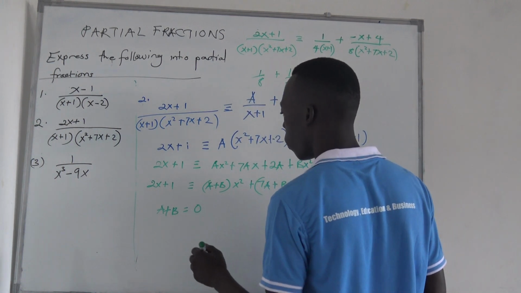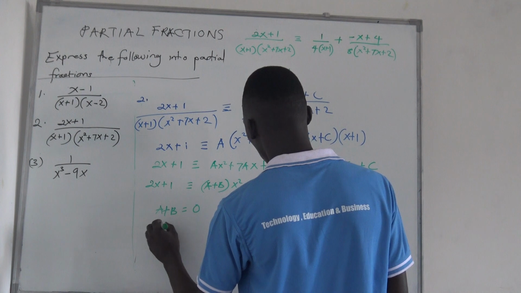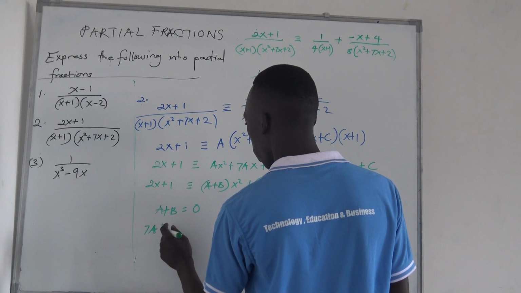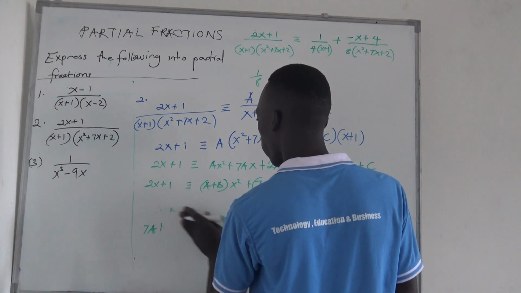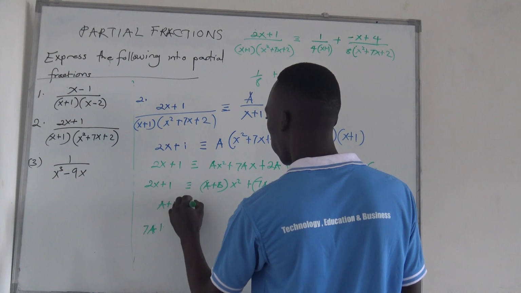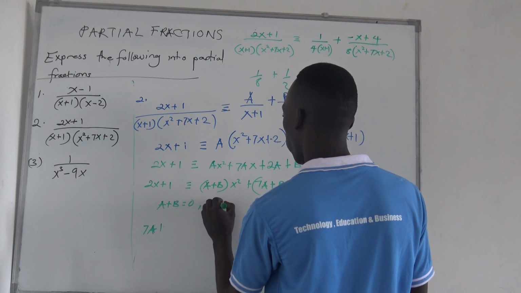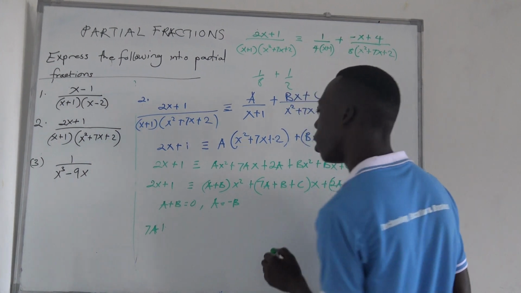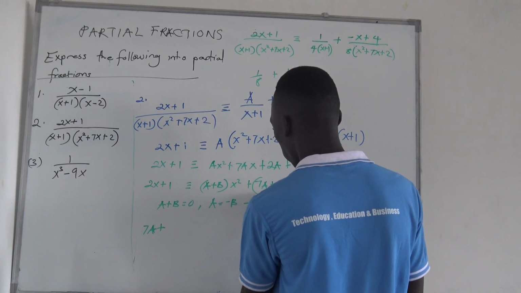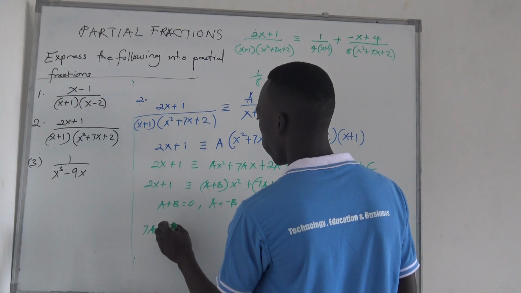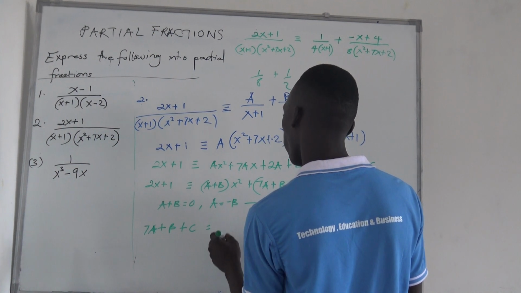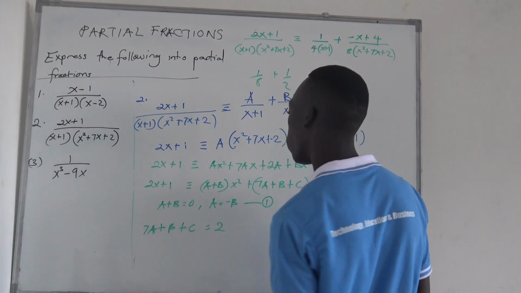So for this case, we shall say 7a. But we have seen that a plus b equals 0, that means our a is the same as negative b. So here we are seeing that 7a, call this equation 1, 7a plus b plus c equals, this side is 2.